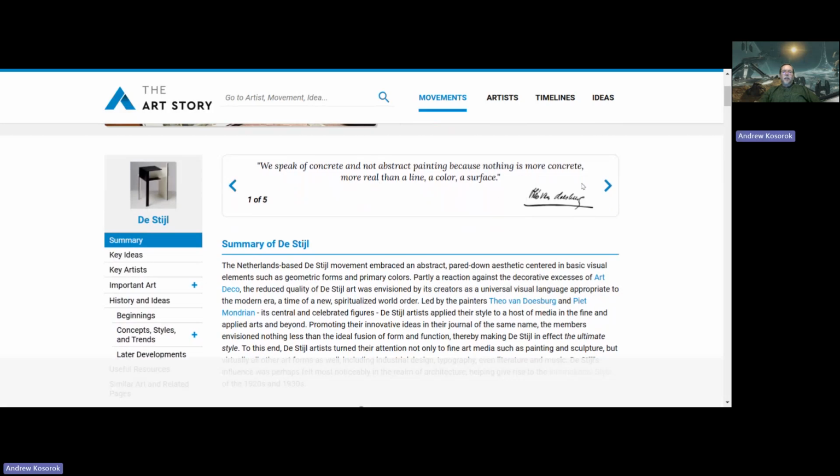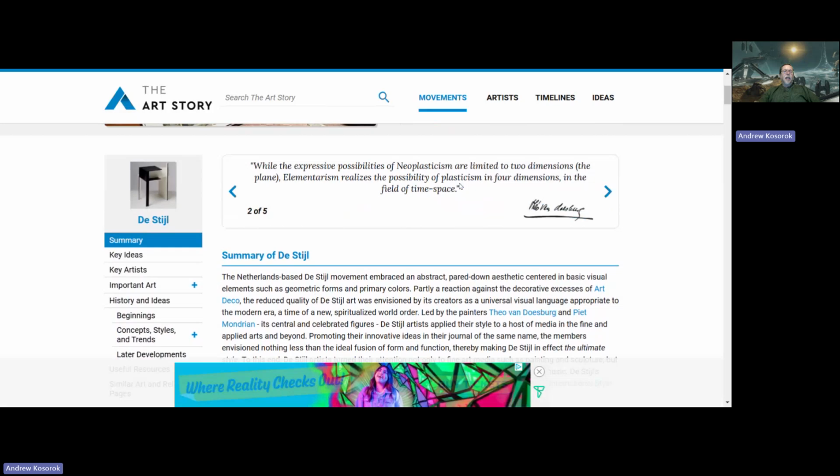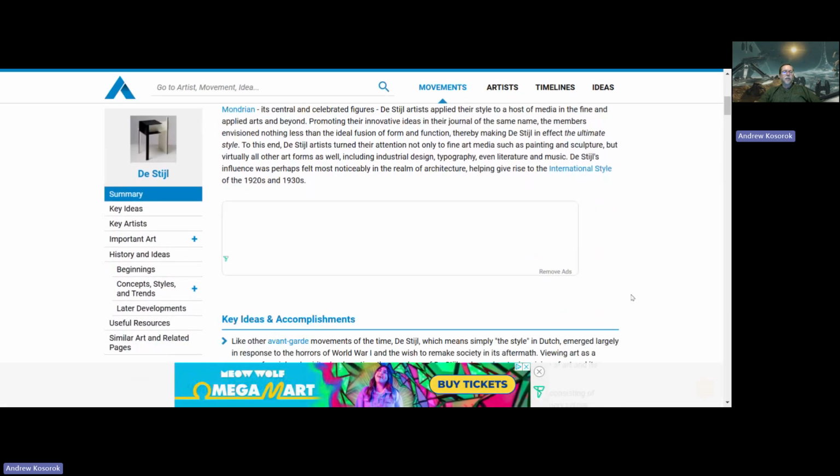Now, there are some really fascinating quotes that talk about plasticism, or plasticity, which has to do with change and malleability. It is a very confusing term, and that's why we're going to stay with de Stijl instead of neoplasticism.